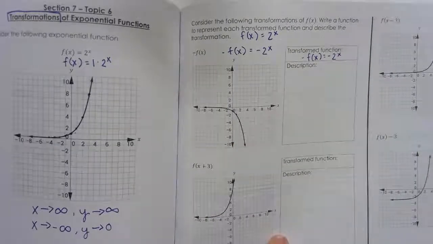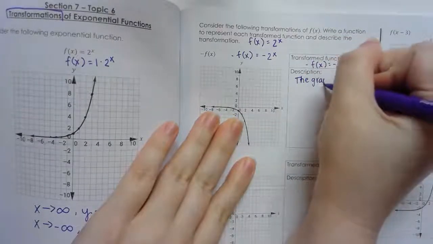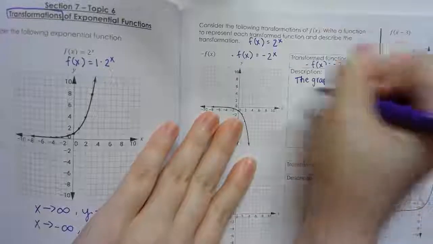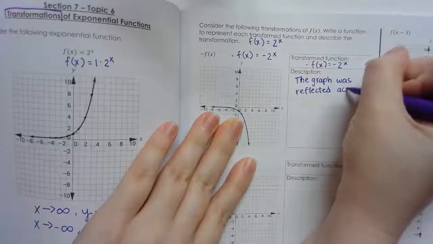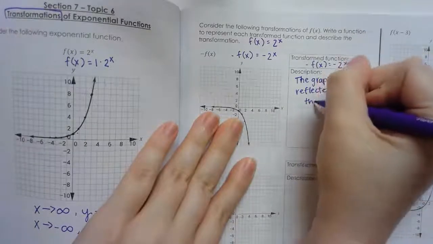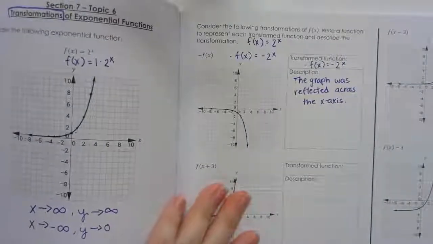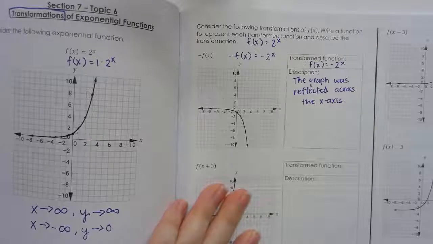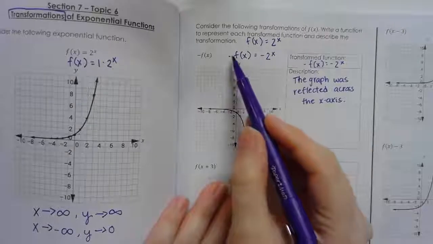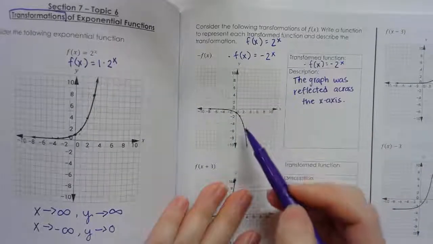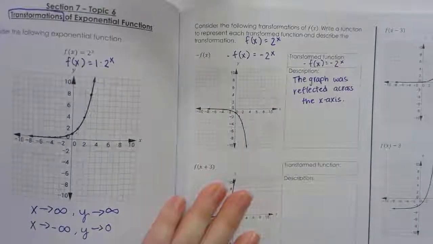Okay, so the graph was reflected across the x-axis. So just like on my quadratics, when I had x squared versus negative x squared, or 2x squared versus negative 2x squared, if it was facing up, this negative in front of the f of x faces it down now. So it's now downward facing. It just reflects from where it was down to where it is.